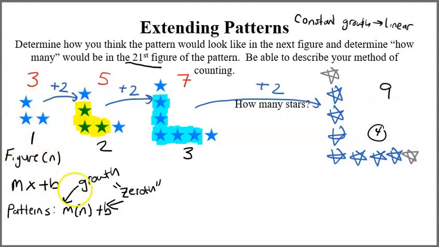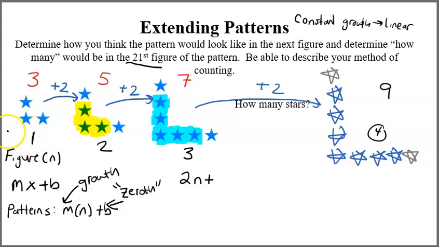Let's write an expression for this pattern. The growth of this pattern is 2. So m would be 2, and I would take 2 times n. n is the figure number in the pattern. I would add to it the amount of stars that would be shown in the figure that came before 1.